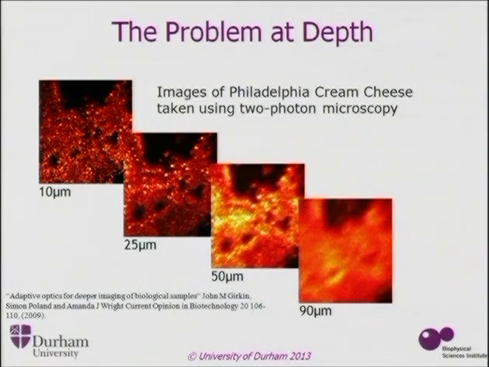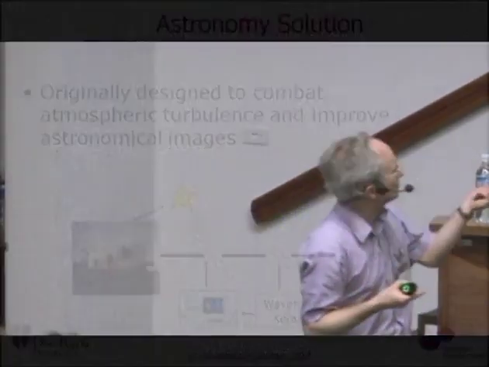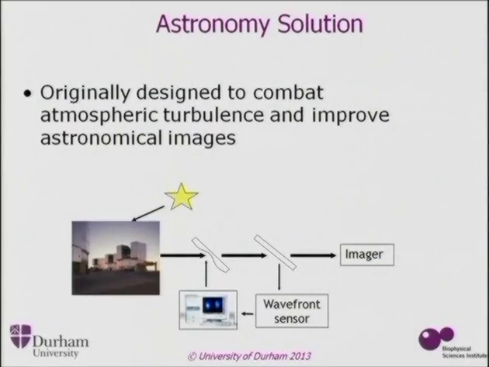So what can we do about this? Clearly in a piece of tissue, we're having to go through the cell membranes and there might be lipid deposits in the middle and this sort of thing. So that's the equivalent. Well, it's the same problem that astronomers have. Astronomers want to look at the stars up in the sky, and they want to do it from ground-based telescopes. But they have to look through the atmosphere.